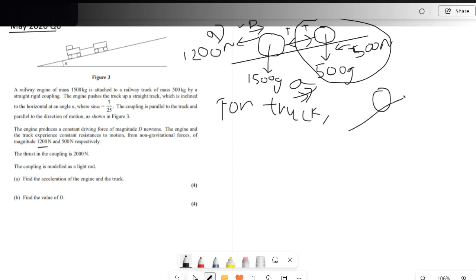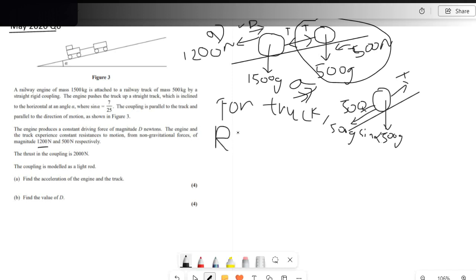So for the truck, this is 500g, we should have a resistive force of 500 newtons, and this is the thrust as displayed here. And so the component of weight along the plane is 500g sine alpha.